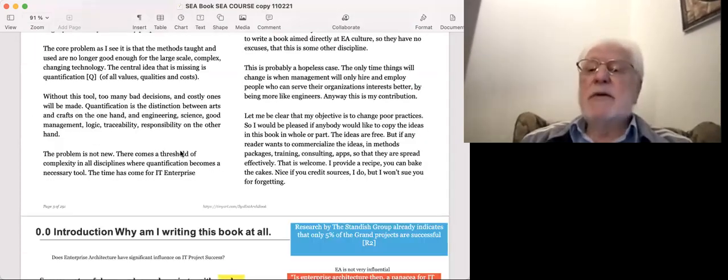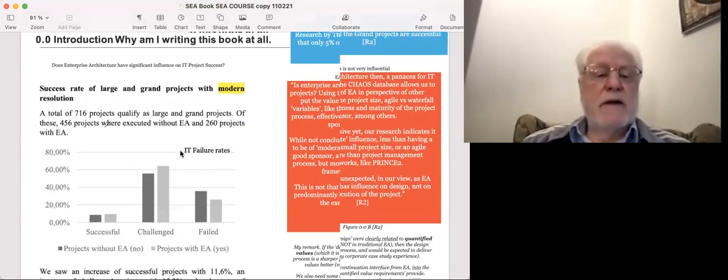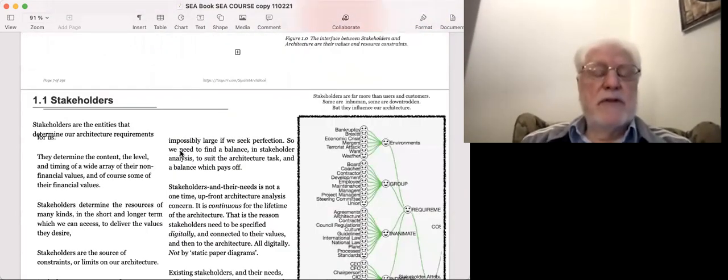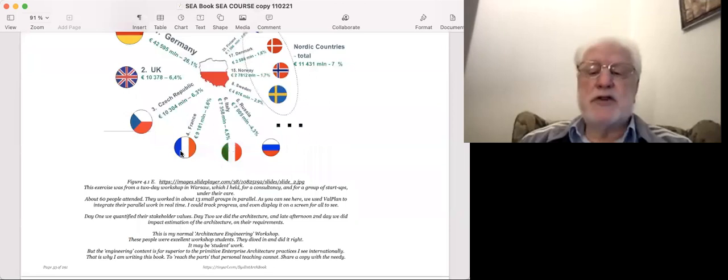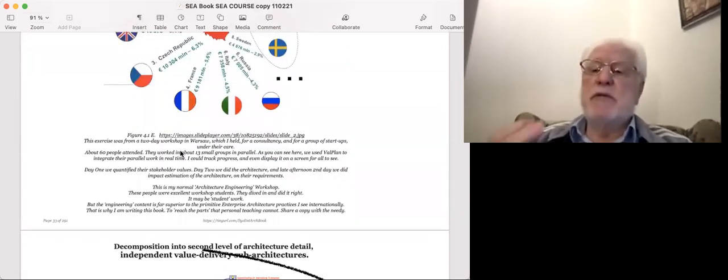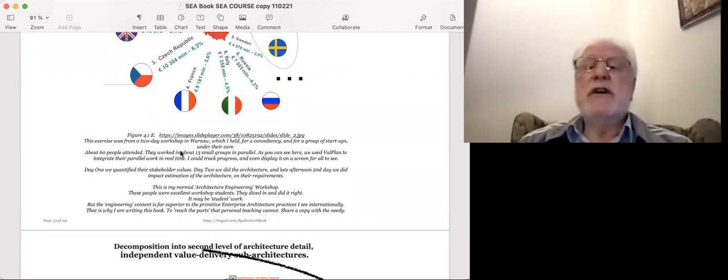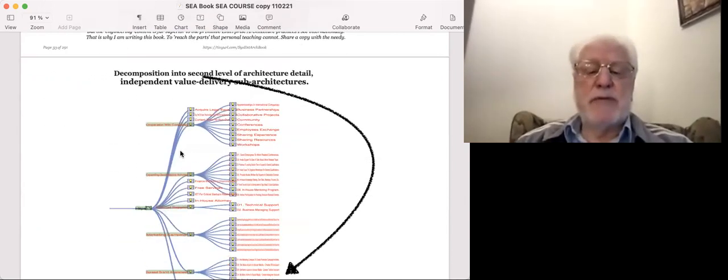Having said that, we're going to skip through everything. We did decomposition last time, which is a prerequisite. When you decompose your architecture, you can then choose which small sub-architectures to implement early in agile sprints or value deliveries, as I prefer to.